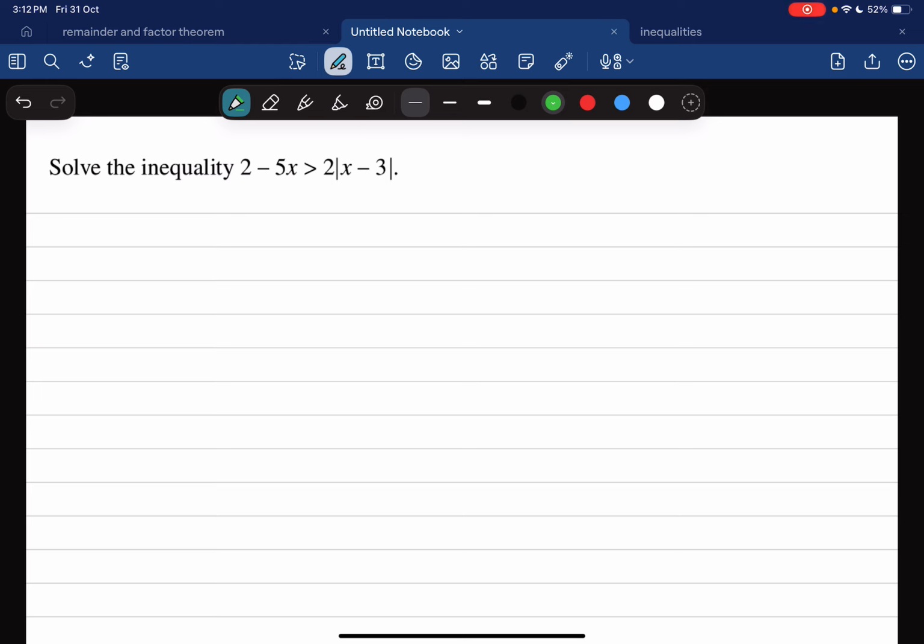Next, one side is an absolute value and the other side is not an absolute value. So in this case the best way is to make a diagram. I will make a diagram of this one.